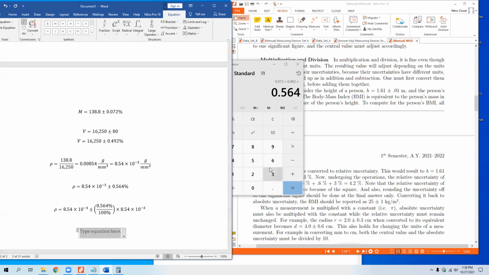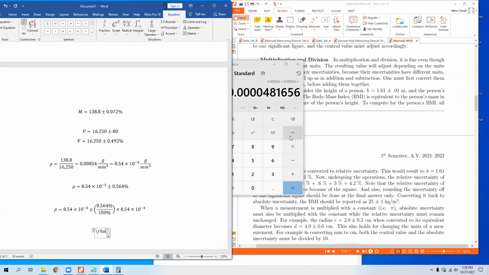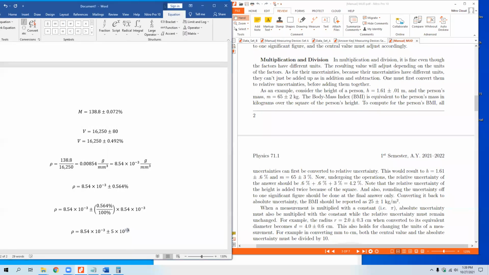So simplifying everything should give us our density of 8.54 times 10 to the negative 3 plus minus, how many digits? 1, 2, 3, 4, 5. So this is again one significant figure. So this is supposedly 5 times 10 to the minus 4. Or rather 5 only.